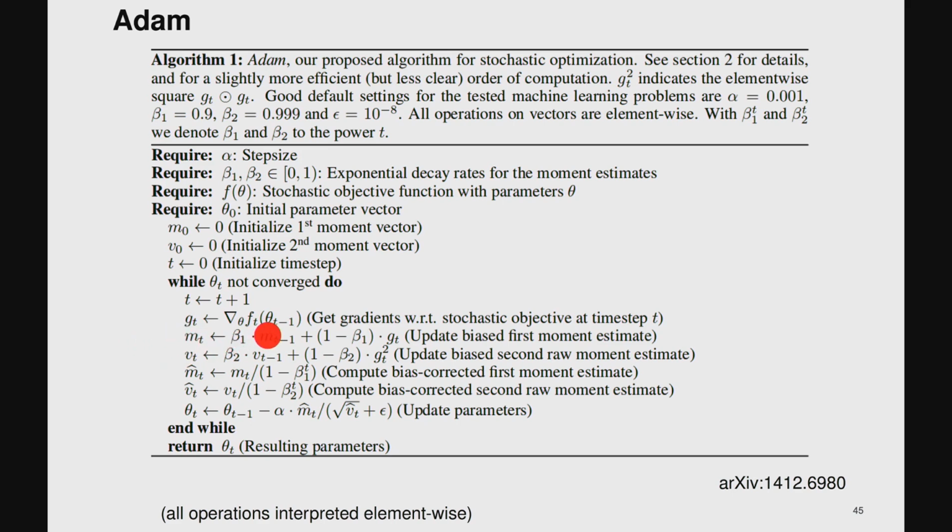And both of them are updated with some update rates beta 1 and beta 2. The update of this first momentum happens according to the gradient and some memory of the previous value. And the update of the second momentum happens in the same way, but with the square of the gradient.